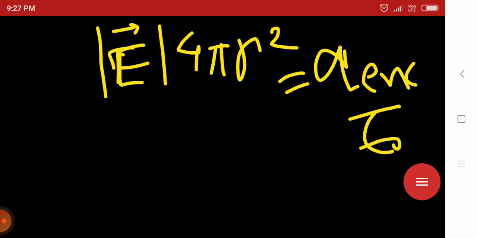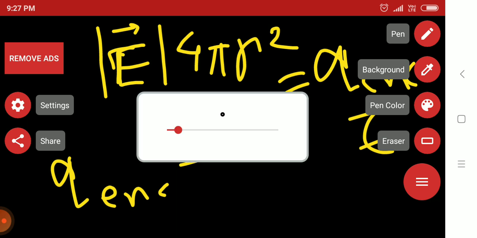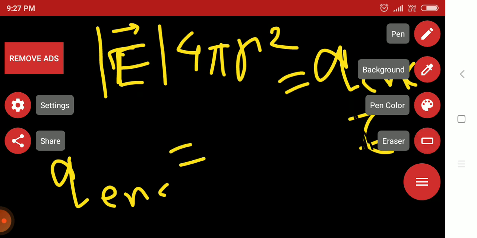What is the Q enclosed? It is the charge inside the Gaussian surface that has a smaller radius. What is the volume? 4/3 pi small r cube.